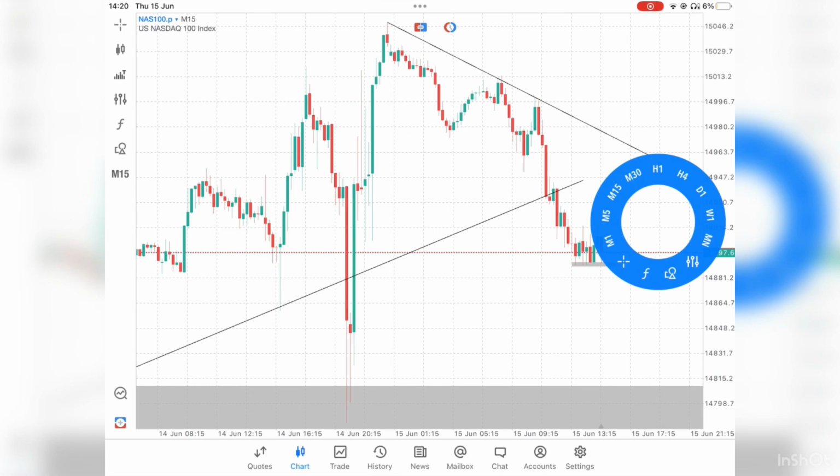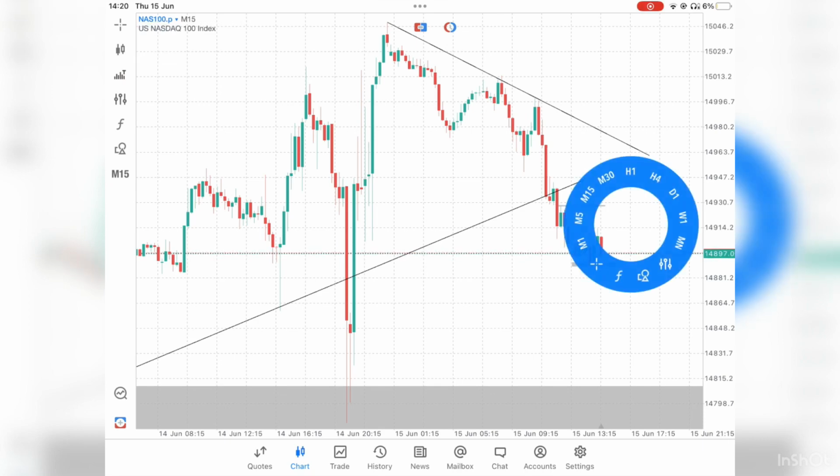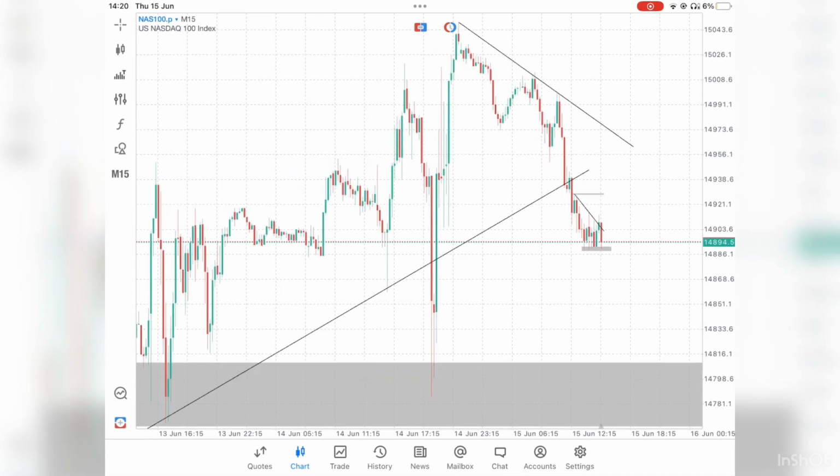So as you can see, we also have this support structure here and this resistance structure over here. So obviously we identified our short-term bias as being in the downtrend.